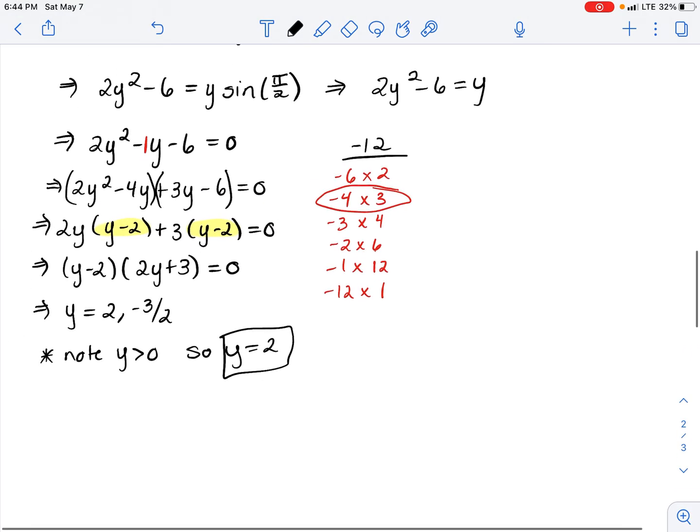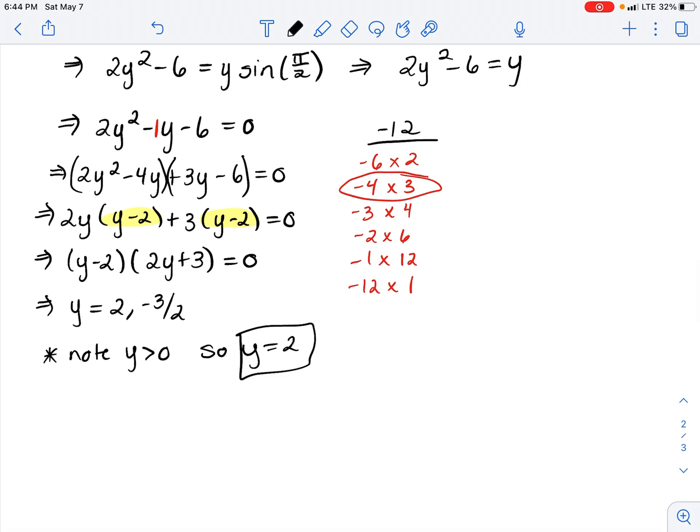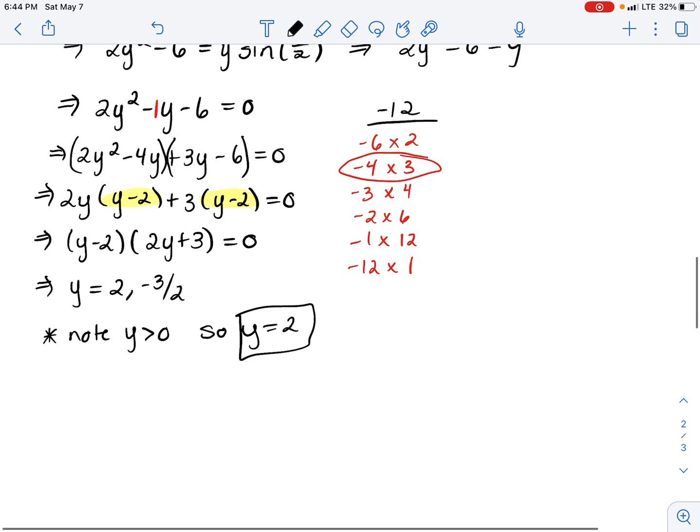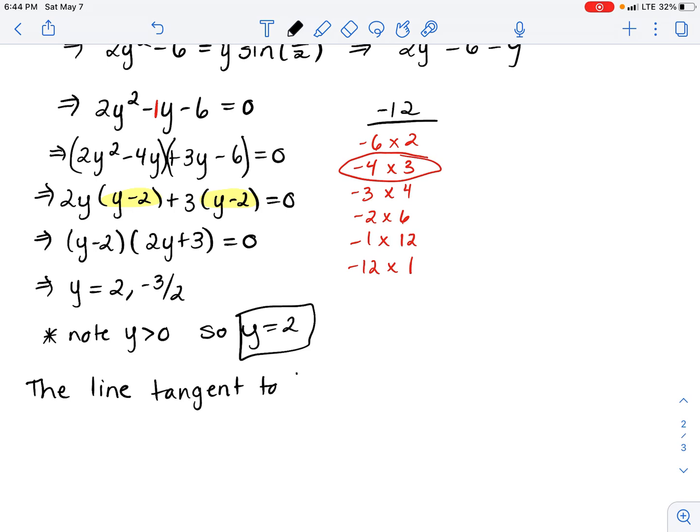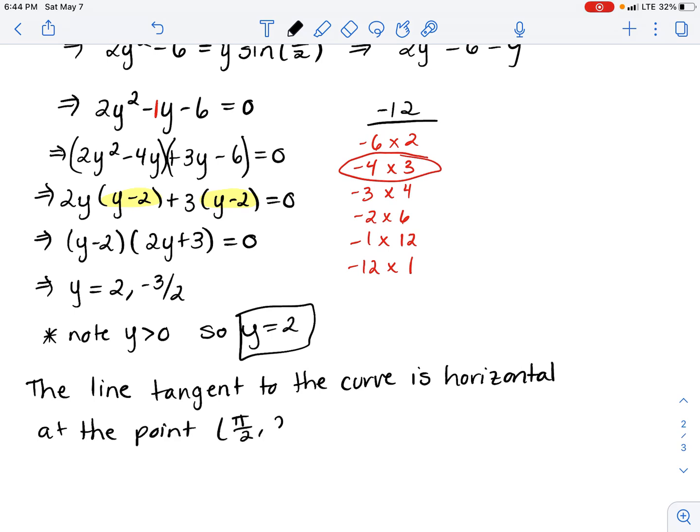So we know that the line tangent to the curve is horizontal at the point pi over 2, 2.